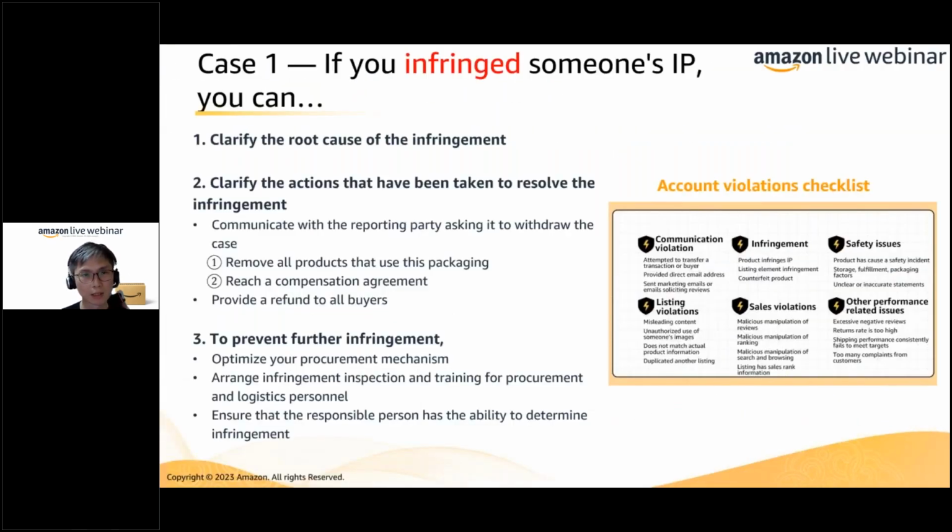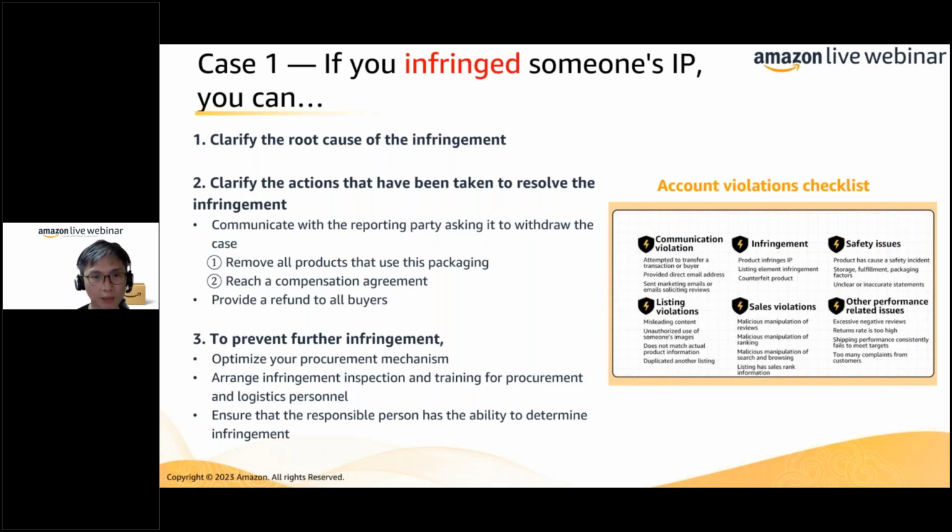So an example here is, what if you infringe somebody's IP? What can you do? Firstly, you try to clarify what exactly the infringement is about. You can do some of the things mentioned here.